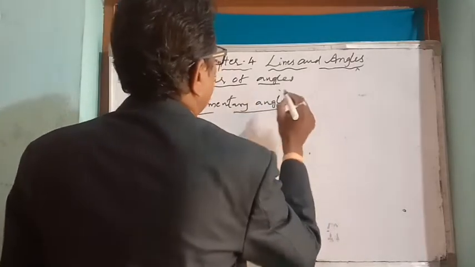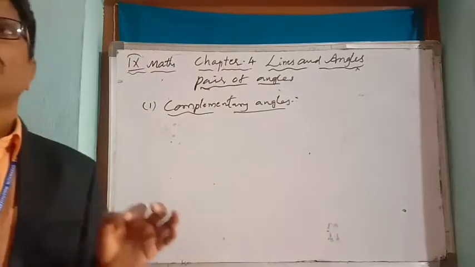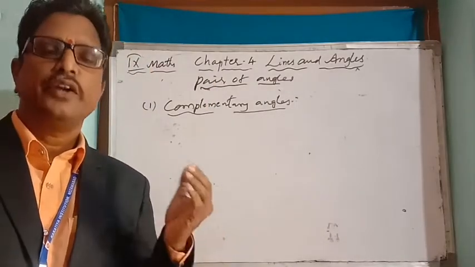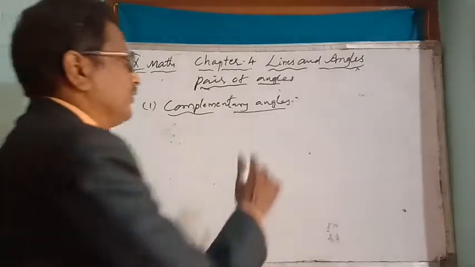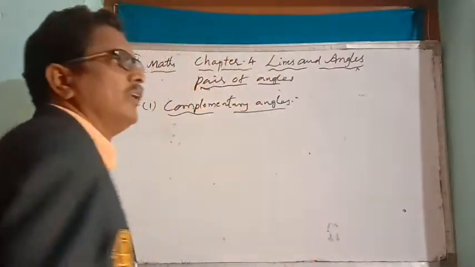What are complementary angles? If the sum of two angles equals 90 degrees, those two angles are called complementary angles.